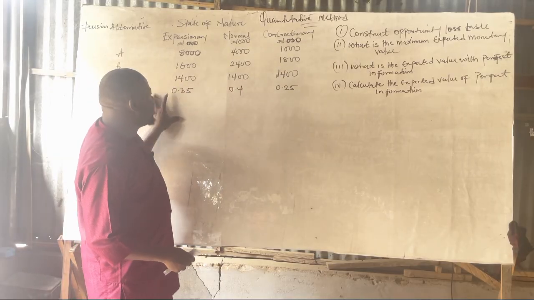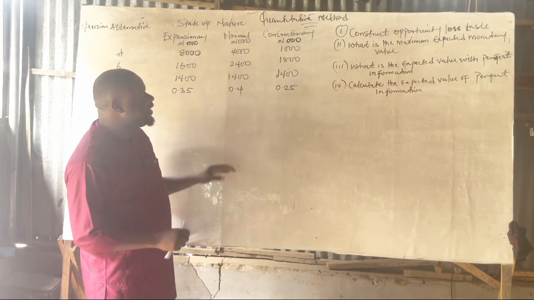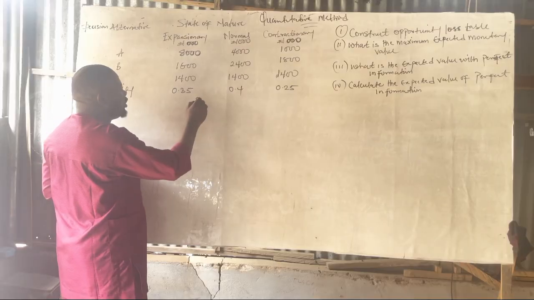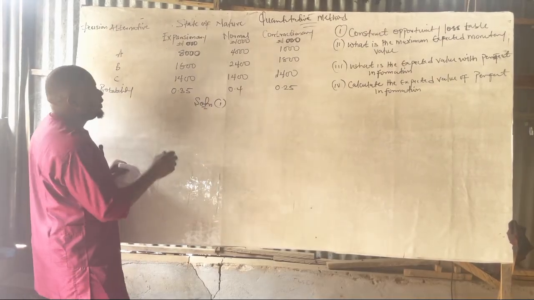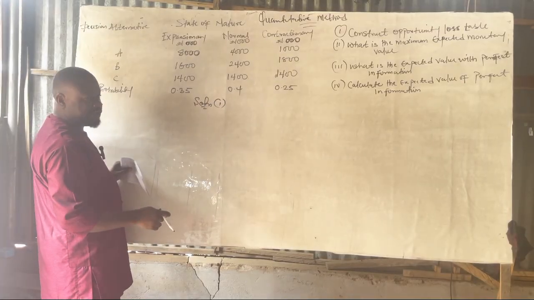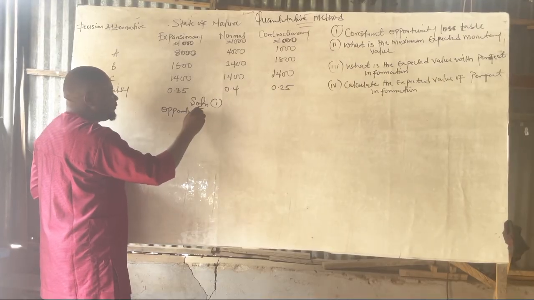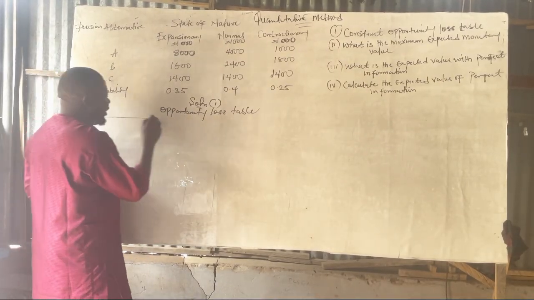Not embarking on the best payoff from each state of nature represents your opportunity loss. Now, the solution based on question 1: we want to show our opportunity loss table. Please pay attention to this.